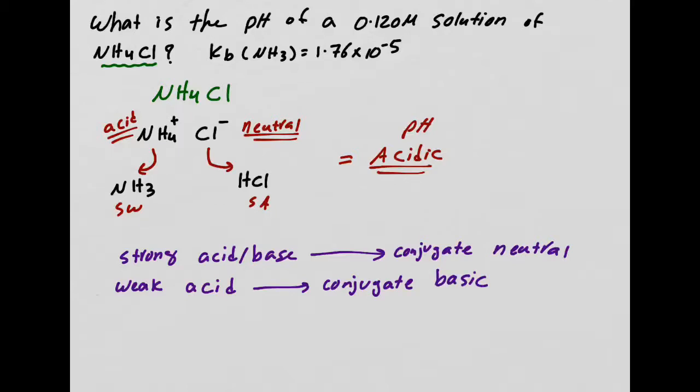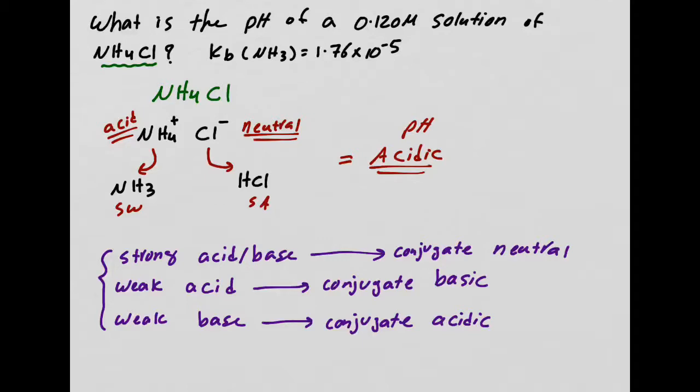It's going to be basic, right? And if you have a weak base, the conjugate is going to be acidic. Remember this. I've proven to you by using the math that that is how it is, right? Because when you have a weak acid, the conjugate is going to act like a base. When you have a weak base, the conjugate is going to act like an acid.